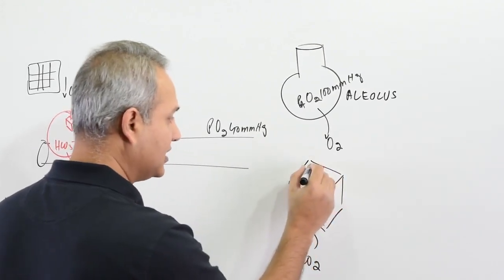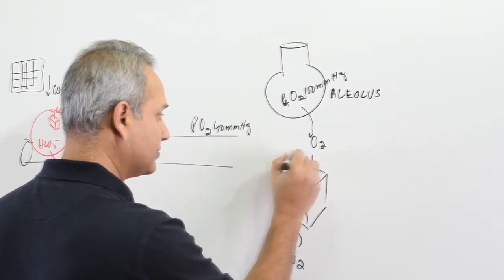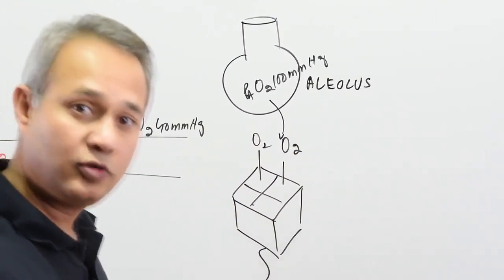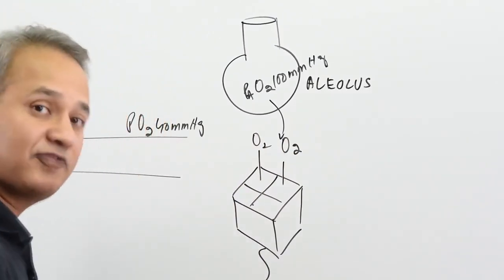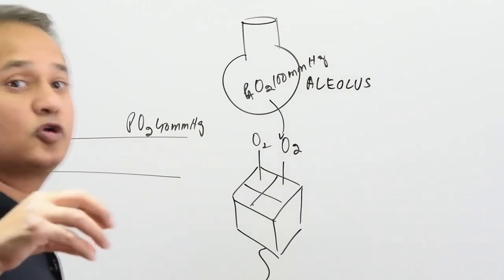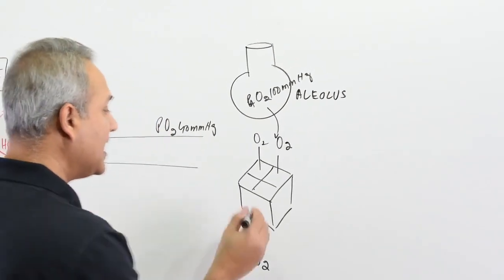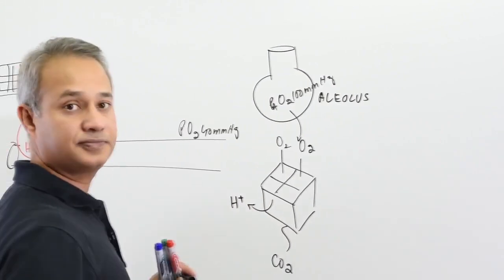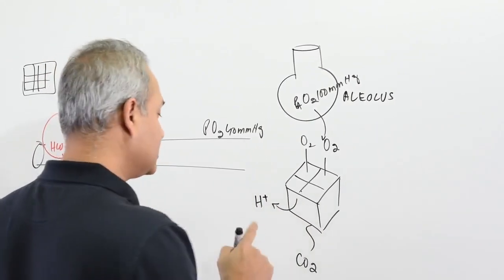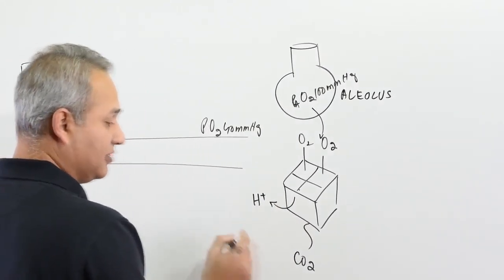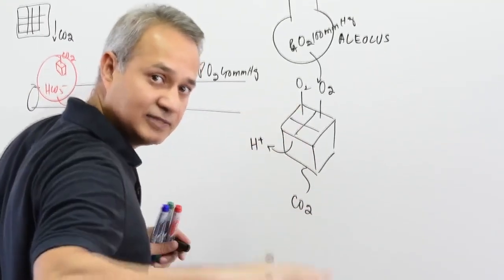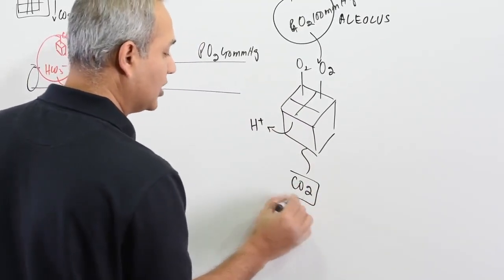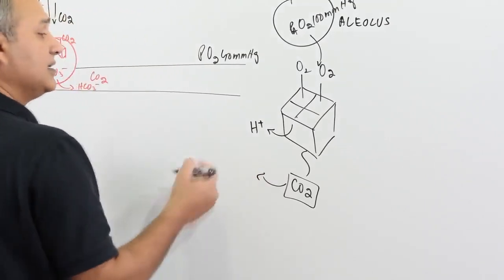When oxygen comes in, it loads onto the hemoglobin, right? Now when the oxygen loads on the hemoglobin, there is a conformational change in hemoglobin. Hemoglobin becomes acidic and it releases hydrogen ion. This hydrogen ion then favors, because the acidity has become reduced, the release of carbon dioxide. How does that happen?